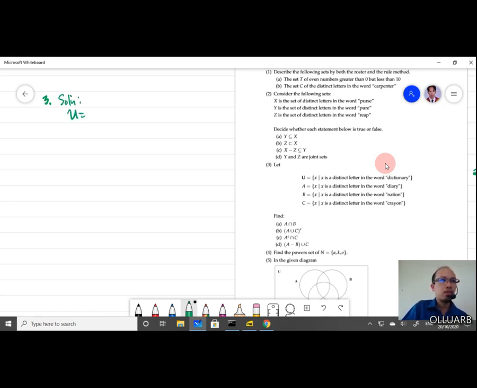The universal set has distinct letters: D, I, C, T, I is repeated, O, N, A, R, and Y. Dictionary.